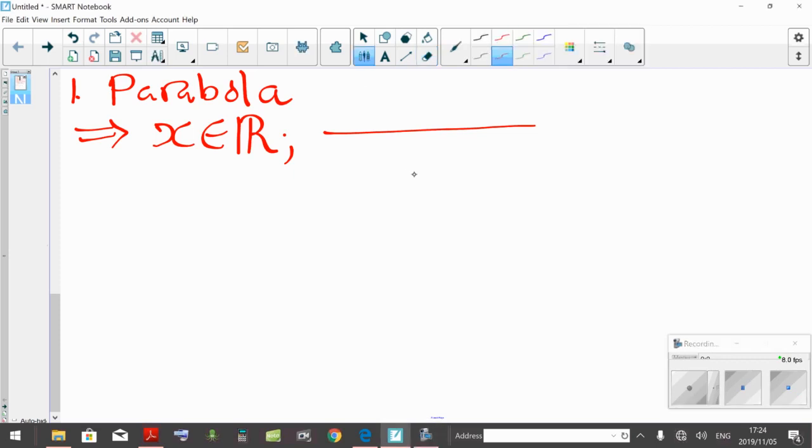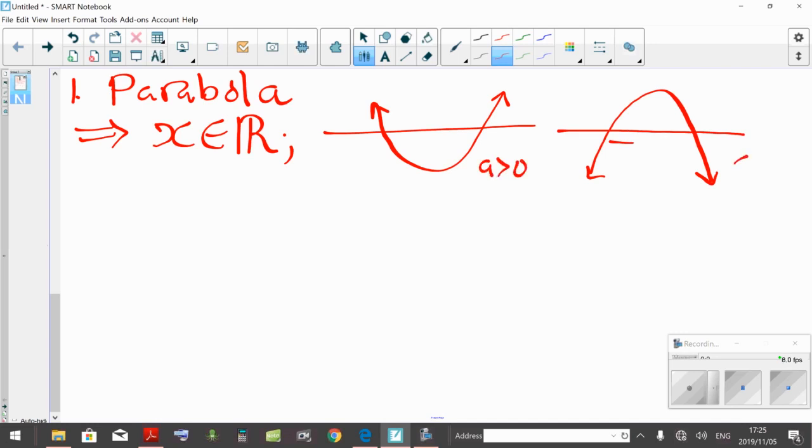Now, if you analyze a parabola, whether the value of a is positive or the value of a is negative. Remember, here we said a is greater than 0 and a is less than 0. Now, you can see that your parabola exists for all possible values of x that you can think of. So for x, real number, your parabola will always exist.